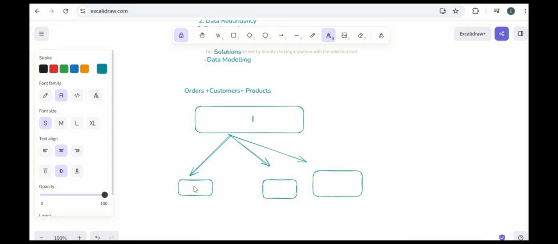Maybe this one will be the orders table, and this one may be the customers table, and then this one will contain the products.